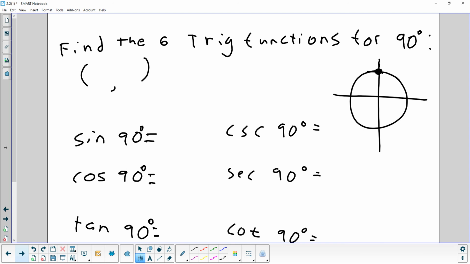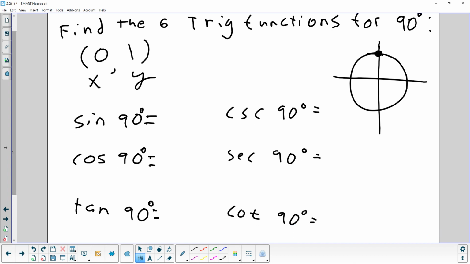What are the coordinates for a point on the top of the circle? Lacey? 0, 1. Now that you know the x and the y, this problem is just like the first 2 we did. You just had to figure this out first. All right, let's go through.